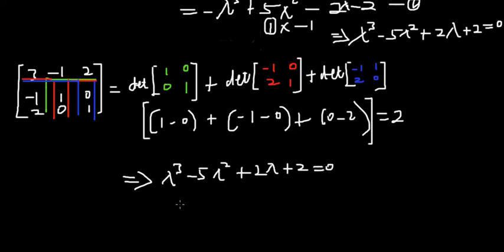So all you have to do is just find the roots of the polynomial. So let's say our eigenvalue is equal to x. We are just substituting, just like for the 2 by 2 matrix.